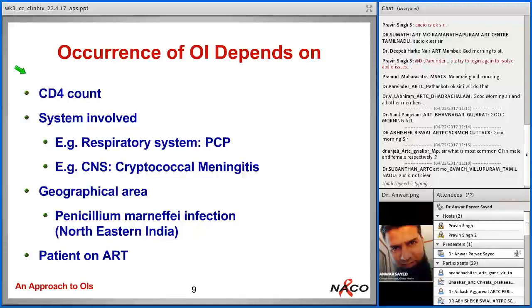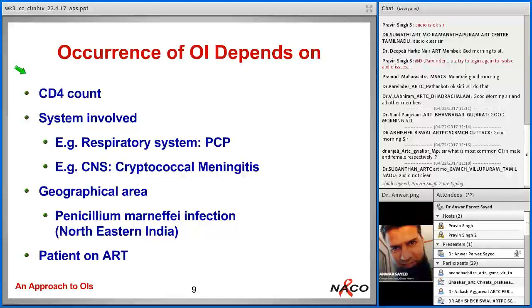But if there is any data on that, you can share with me, or we can look at it later. As far as I know, there is no preference if all other conditions are the same. Like if there is the same level of immunodeficiency, the risk of OI will be the same in men and women both. But you can share if you have any data which says that there is a difference for a certain reason.